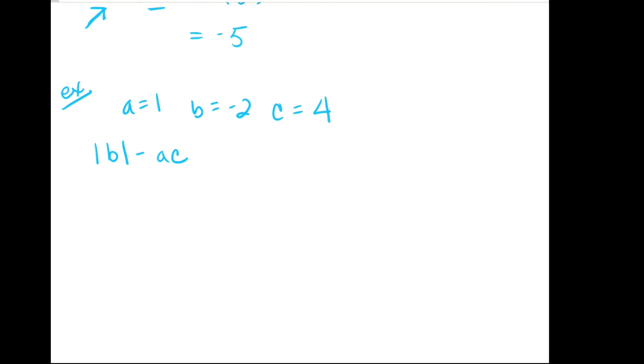All right, this is using a lot of things we did last chapter, so hopefully this will be a good review for you too. Okay, remember whenever we make the replacement, we're going to put in parentheses. And I'm going to replace 1 for a and 4 for c. So I'm going to do my absolute values first, and the absolute value of -2 is 2.